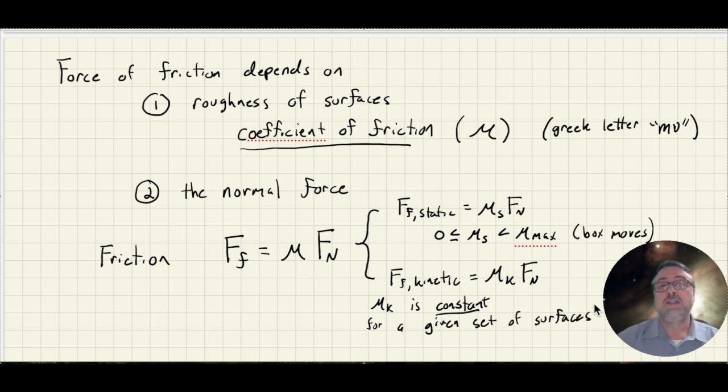So there you go. Static friction is the trickier one to deal with because static friction can change size depending on the situation. But once you break those surfaces apart, then you're in the realm of kinetic friction, and that coefficient does not change.